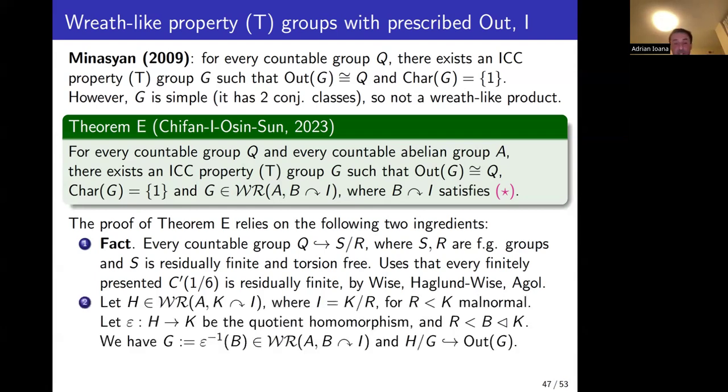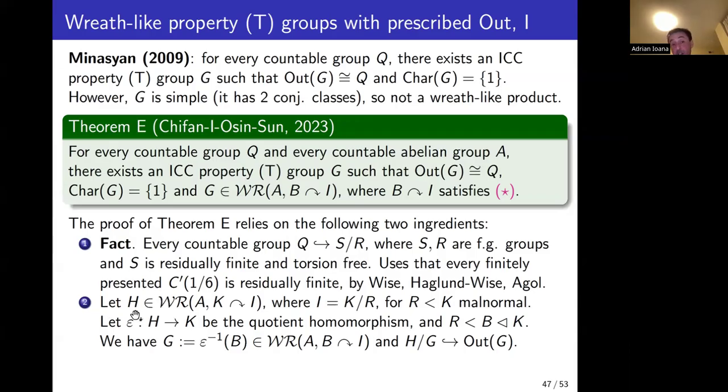The second ingredient is a calculation of outer automorphism groups for certain Wreath-like products. So this is a bit technical, and so I won't spend much time on it. But here's how it goes roughly.